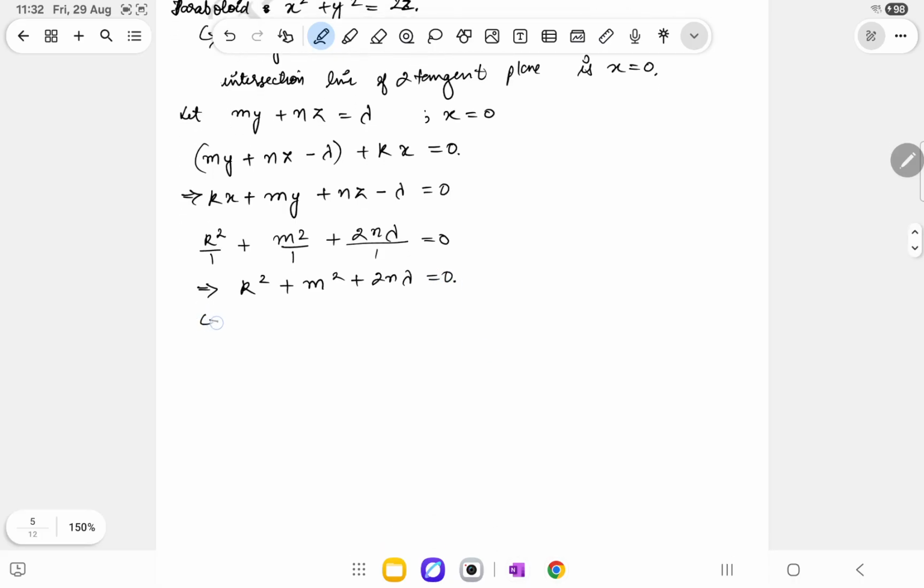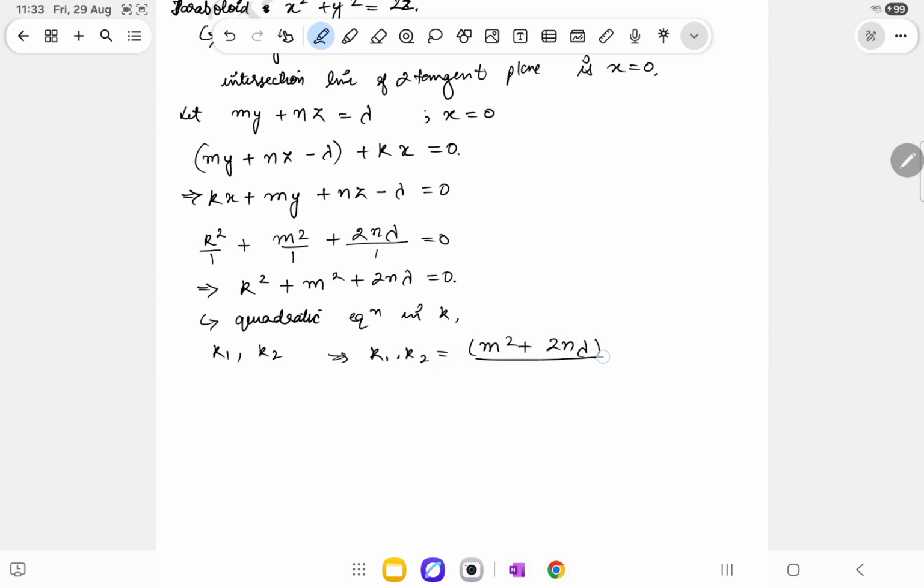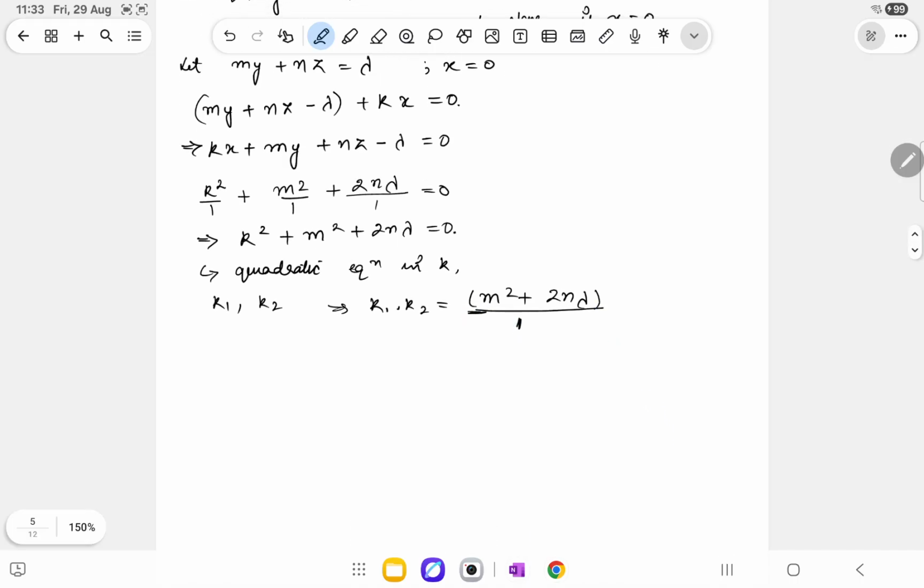If you observe, this is a quadratic equation in k. So if k1, k2 are its roots, then k1 into k2 will be basically m square plus 2n lambda upon 1, that is the coefficient of k.